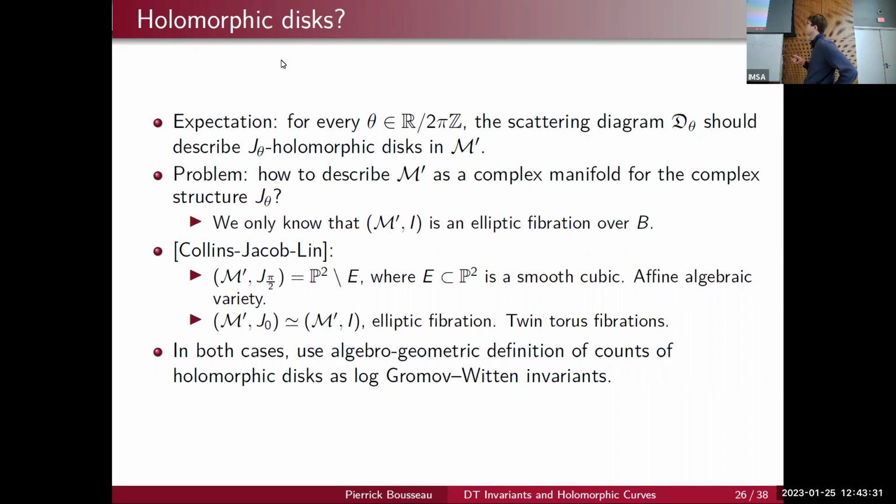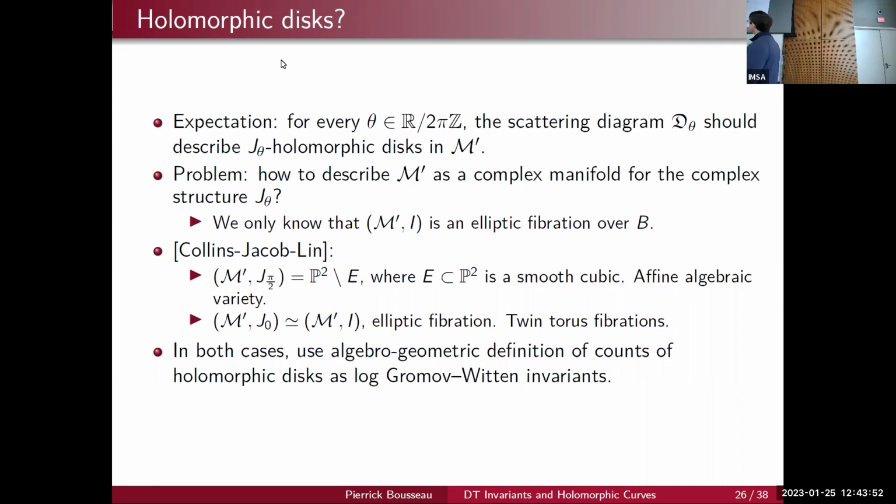So if you consider this hyperkähler rotated complex structure J theta, for theta equal pi over 2, your complex integrable system becomes some affine algebraic variety, which is simply the complement of a smooth cubic curve in P2. So just P2 minus an elliptic curve.